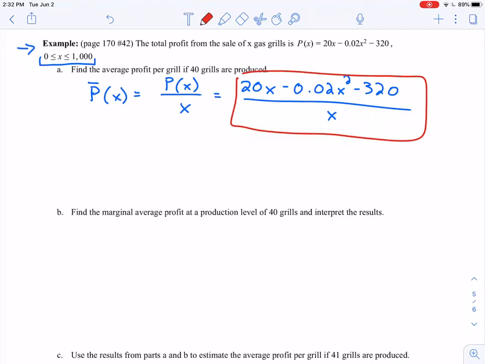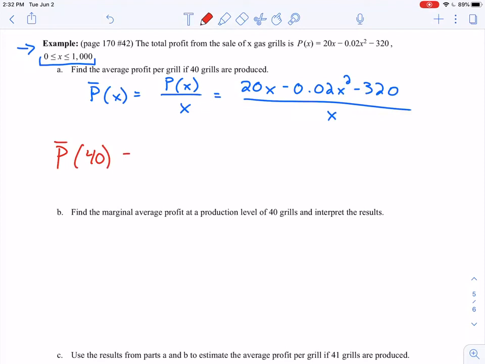There's nothing to say that you have to simplify this. Now I want to take this average profit function and evaluate it at x equals 40. So I'm looking for P bar of 40. I'll plug 40 in for x: 20 times 40 minus 0.02 times 40 squared minus 320, all divided by 40.